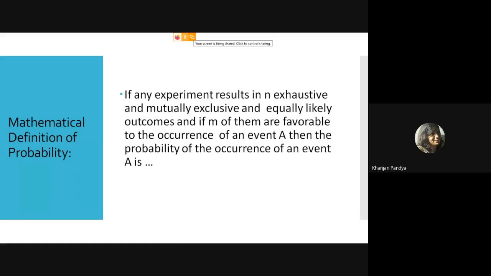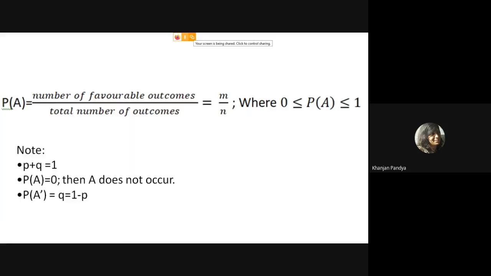If m of them are favorable to the occurrence of an event A, then the probability of A, P of A, is the number of favorable outcomes divided by the total number of outcomes. If I have 6 points as sample space, that is the total number of outcomes if I'm tossing the die.